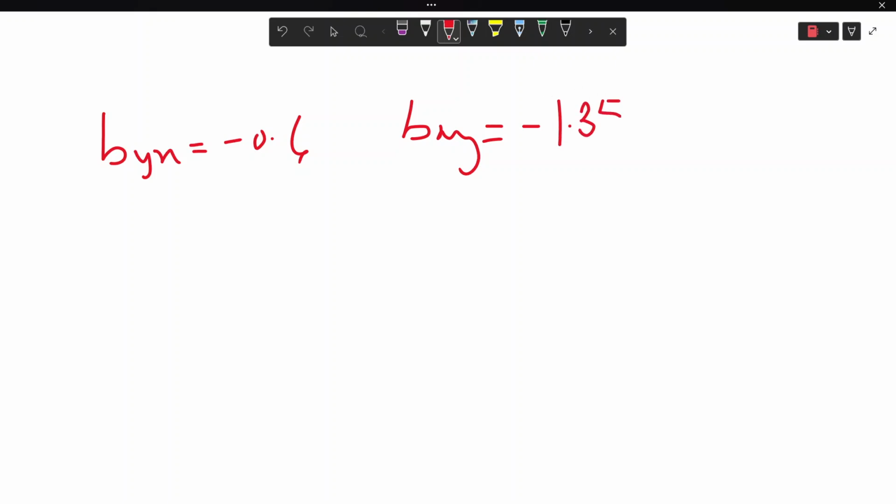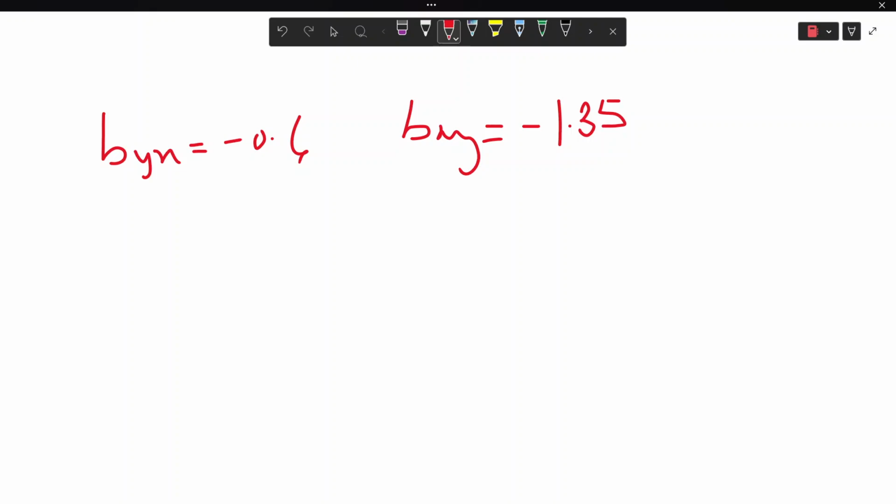Given that b y on x is equal to negative 0.6 and b x on y is equal to negative 1.35, let's find our r.